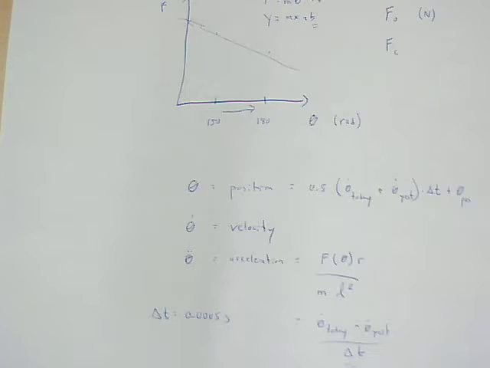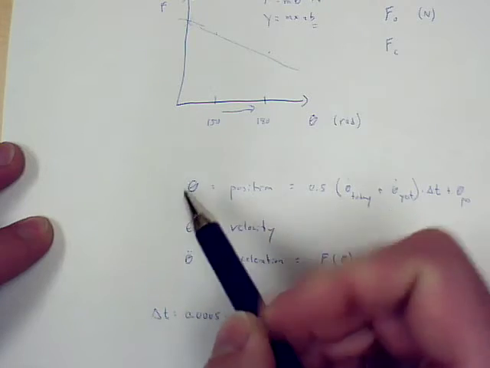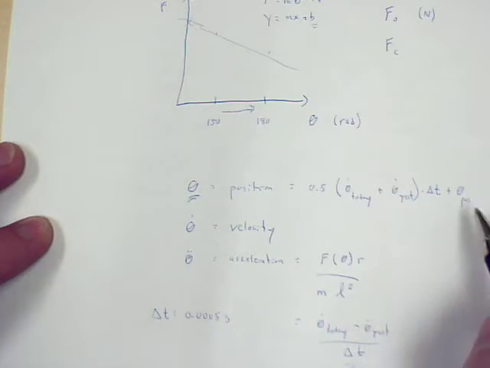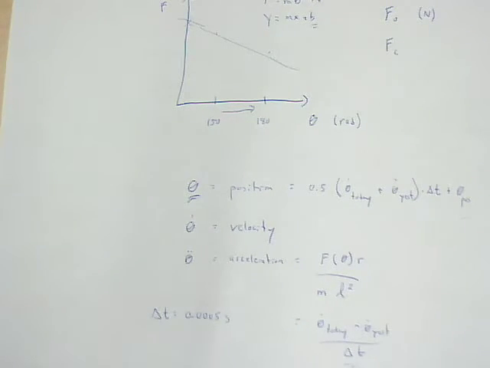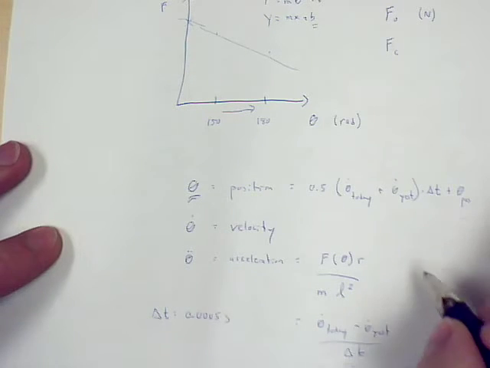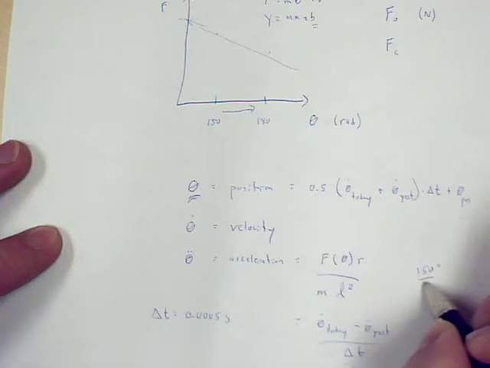All right. Now there's a couple things that we can use in order to use these equations to determine what our final time is, and that's really what we're trying to solve for, is our time. All right. First thing to note is that our initial position, okay, so that first position, our initial position, is 150 degrees. Okay.